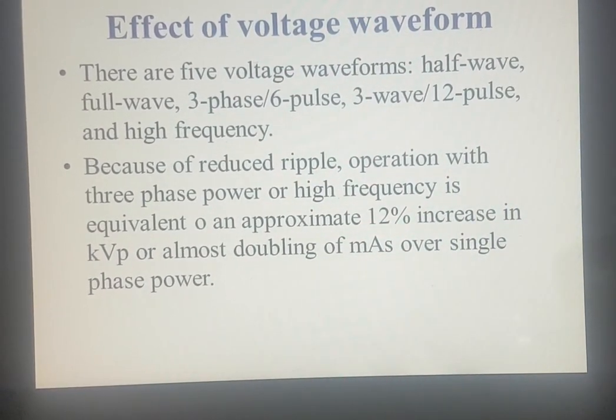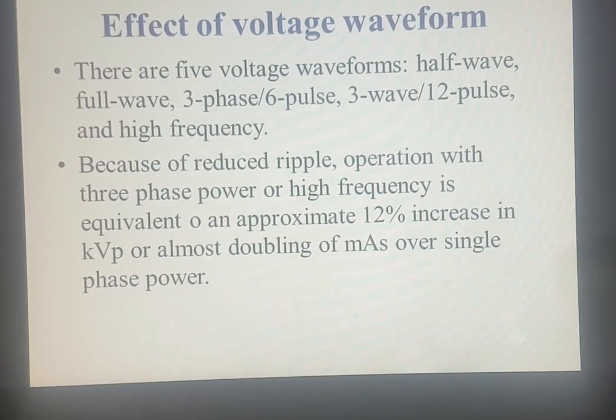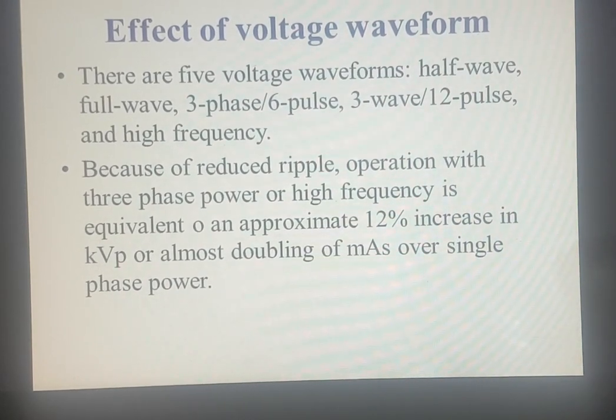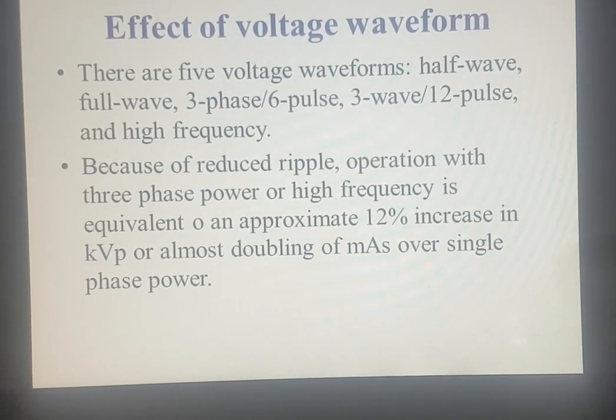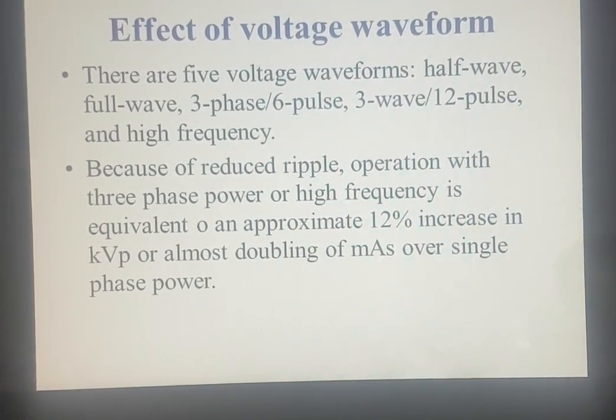We can say that if we are using 72 kVp on single phase equipment, on 3 phase approximately 64 kVp, a 12% reduction, will produce a similar result.